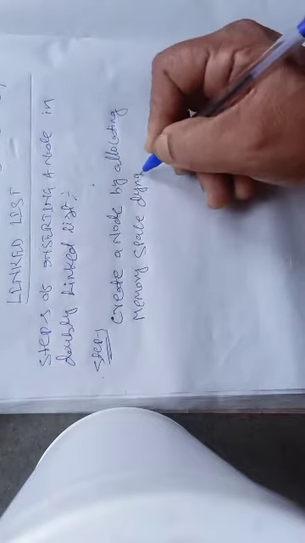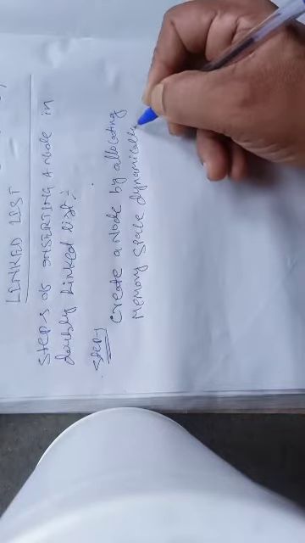dynamically. So when you try to allocate memory space dynamically using the malloc function, it may happen that if there is no space, the malloc function will return a null.